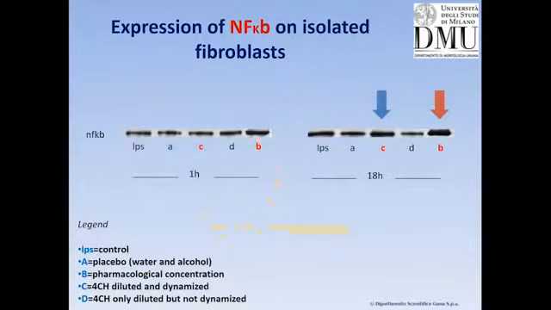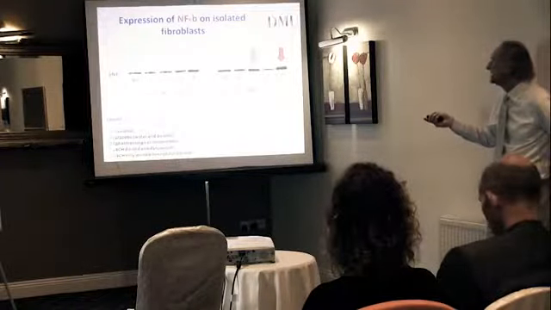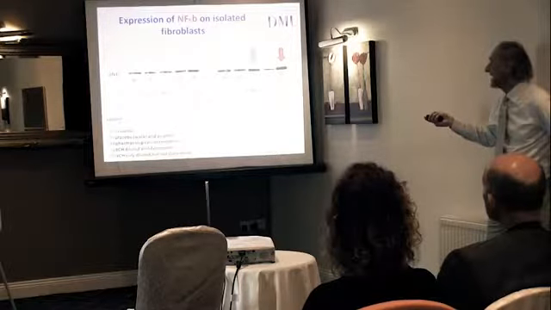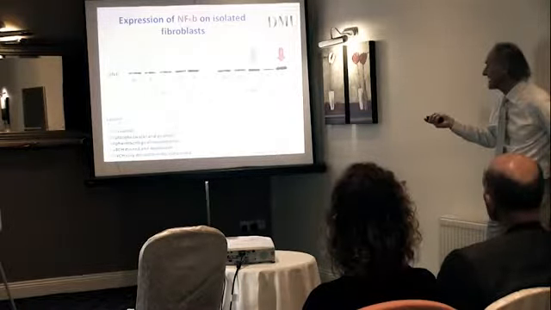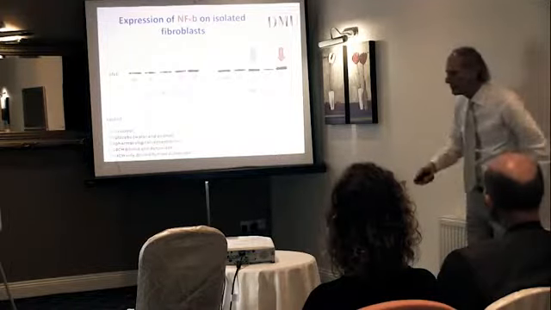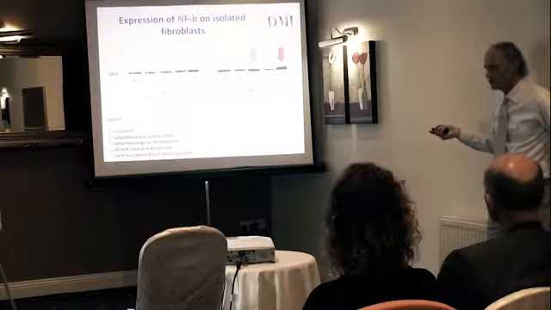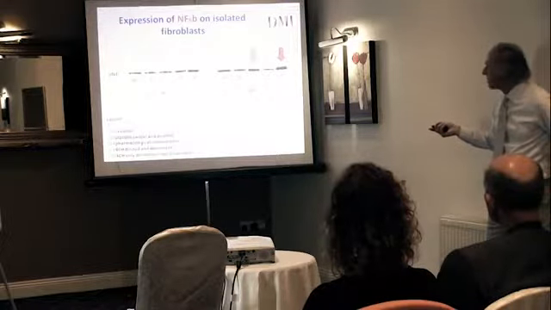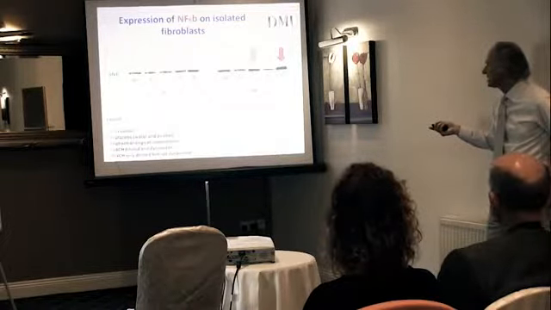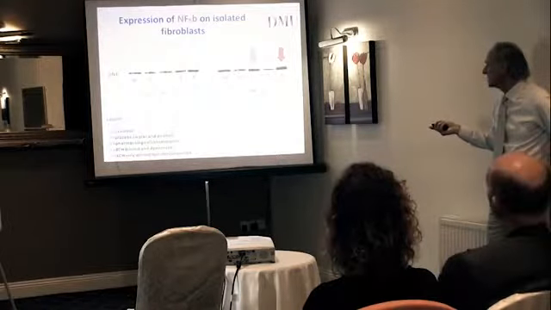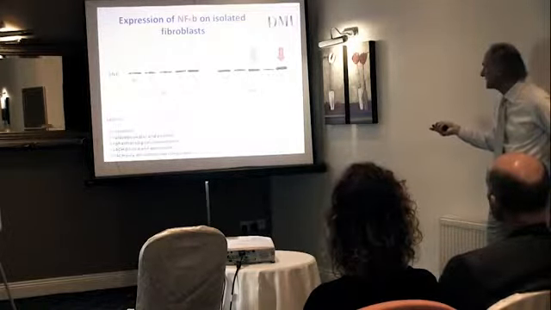And these are the results. These are Western blotting. LPS is a positive control. I mean, the quantity of NFKB produced by the fibroblast when in contact with lipopolysaccharide. A is the negative control, placebo, water and alcohol. You can see that the cell expresses NFKB because of the alcohol. And now the most important part.